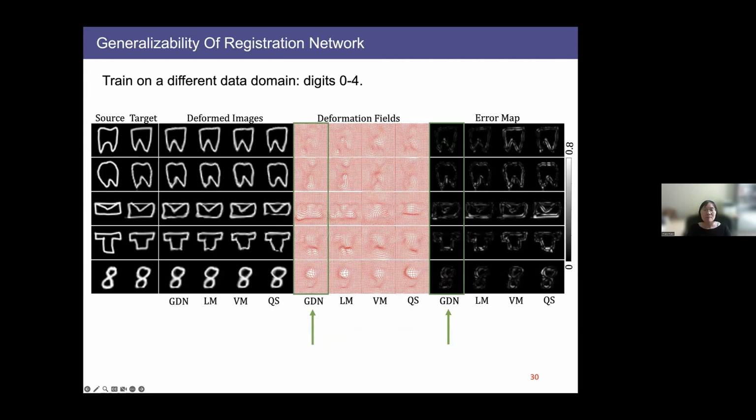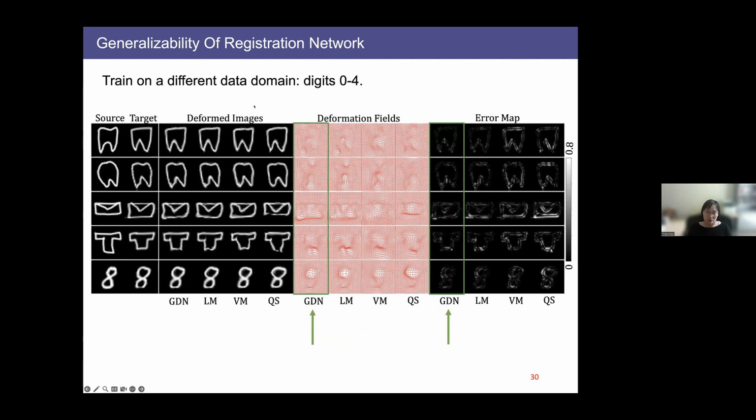The last thing, since I have the time limit, that I want to show is about the generalizability of the registration network. If we put all this neural APDIF within the context of image registration, we find that it actually increases the generalizability of the registration network. Our group is currently extensively validating the generalizability of the neural APDIF in the registration network.